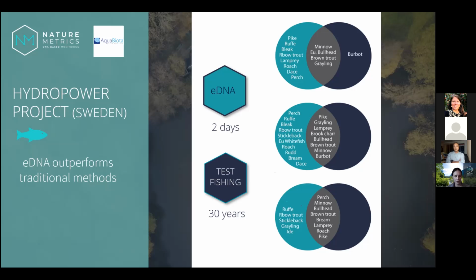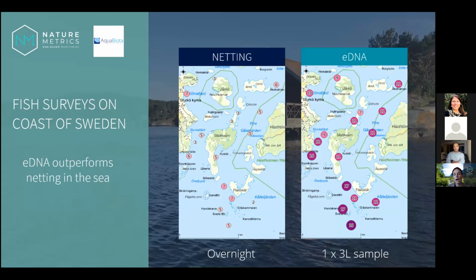And we actually find that, when we look at eDNA versus electrofishing in rivers in the UK, where our Environment Agency does regular electrofishing every year or 2 years, we find that 1 litre of river water provides as much data on fish as about 10 years of cumulative electrofishing data from the Environment Agency. And we see similar patterns in the sea as well.